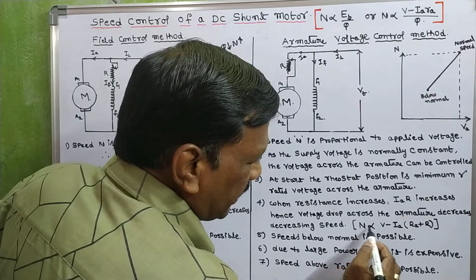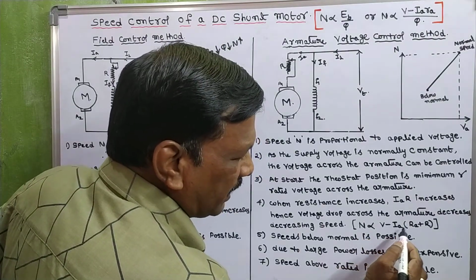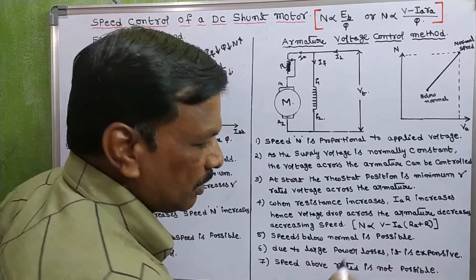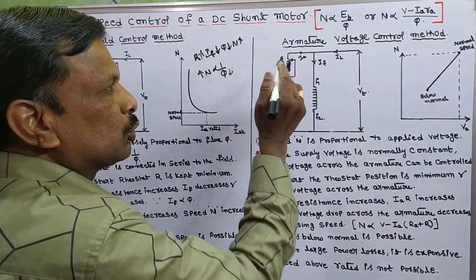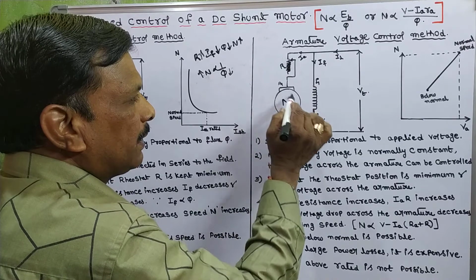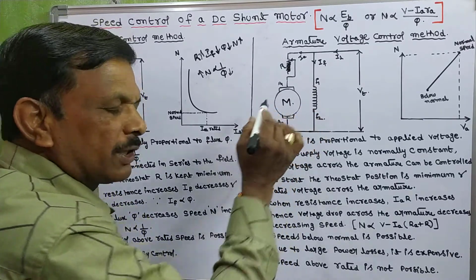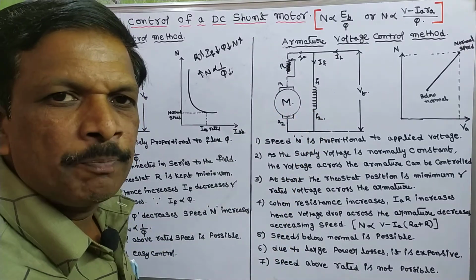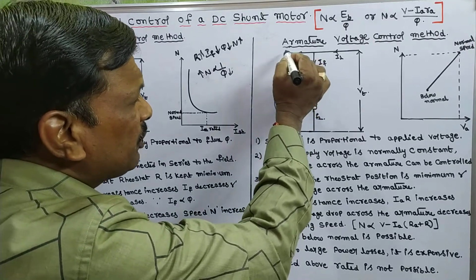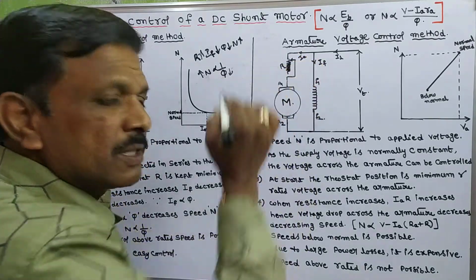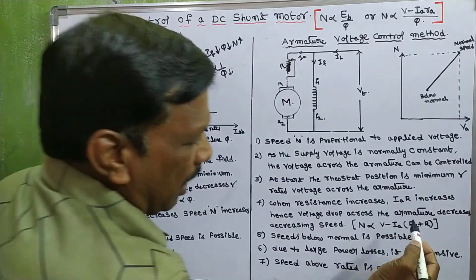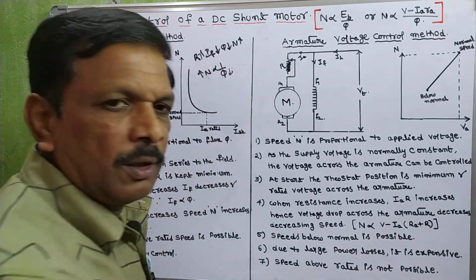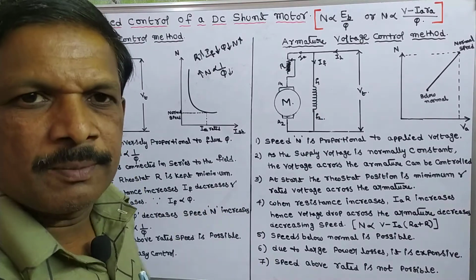So here N is proportional to V minus IA (RA plus R). So IA (RA plus R) is the drop, where R is the added resistance and IA RA is the drop inside the armature. When we increase the resistance, the IA (RA plus R) drop will increase.